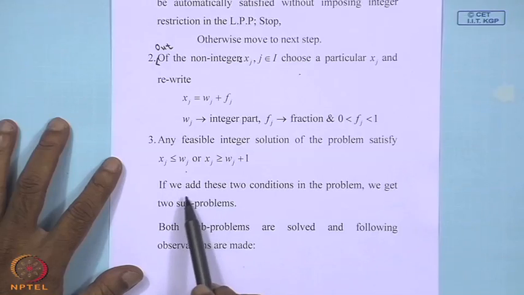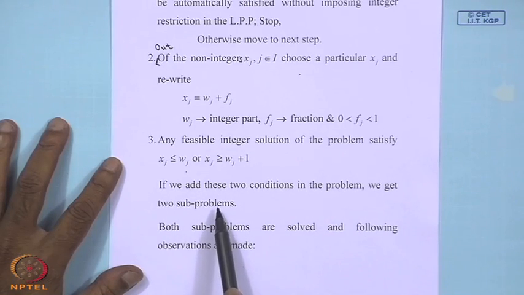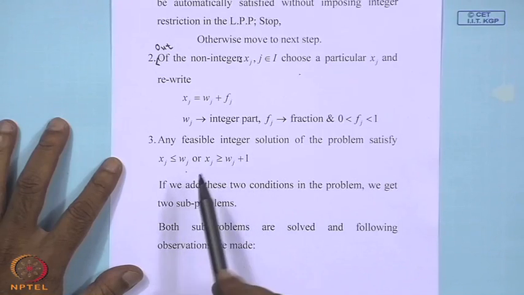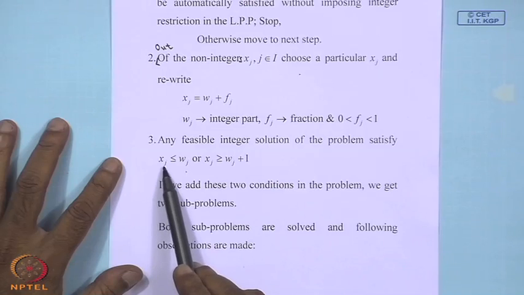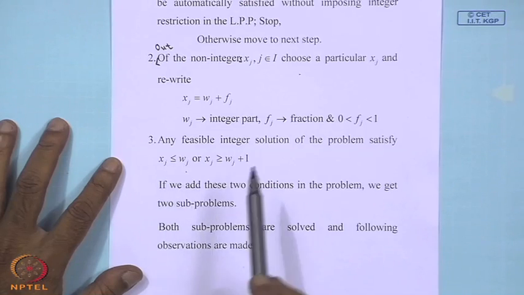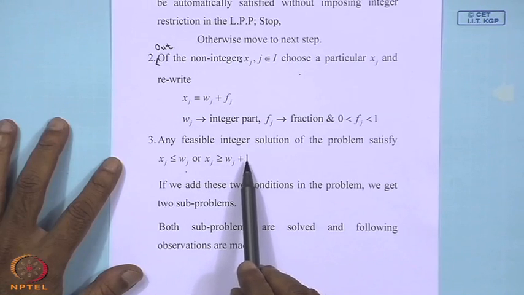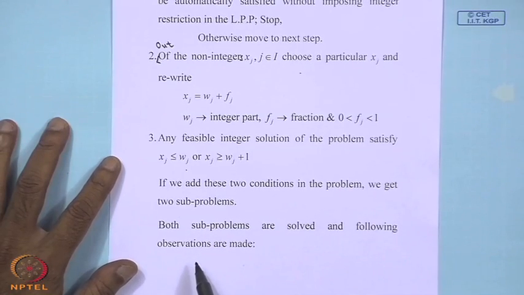Now, if we add these two conditions to the problem, we get two subproblems. On the original problem, in one subproblem you add the constraint 0 less than or equal to x_j less than or equal to w_j, and in the other subproblem you add the constraint x_j greater than or equal to w_j plus 1. In this way you obtain two different subproblems, and now you have to solve both.